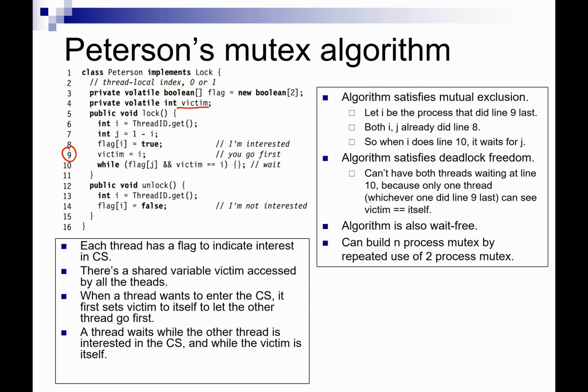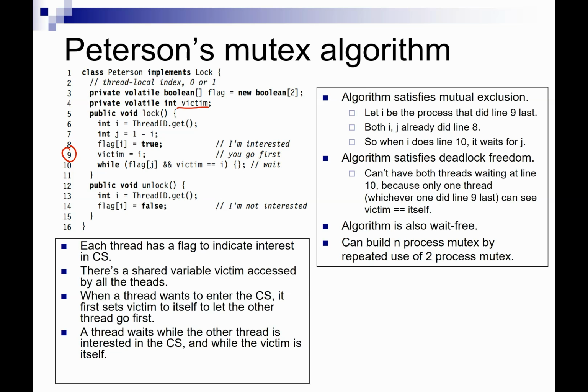What this is trying to say is that I'm going to wait for you. Victim is like the guy who does not get into the critical section. So victim equals I means that I am sort of going to volunteer not to go into the critical section. But if you want to go into the critical section, you also volunteer not to go into the critical section.